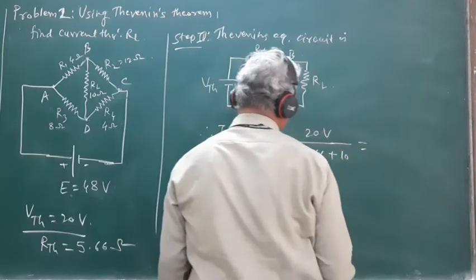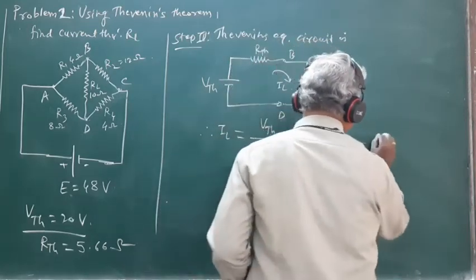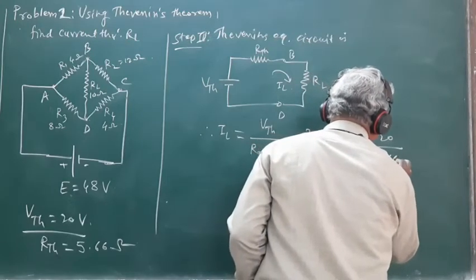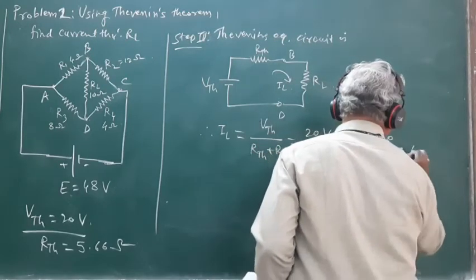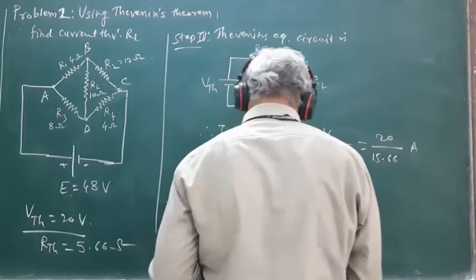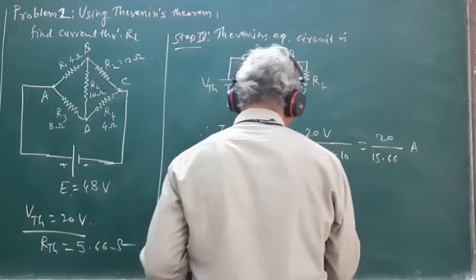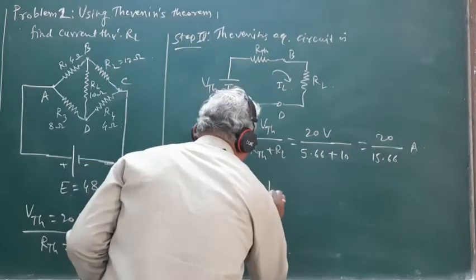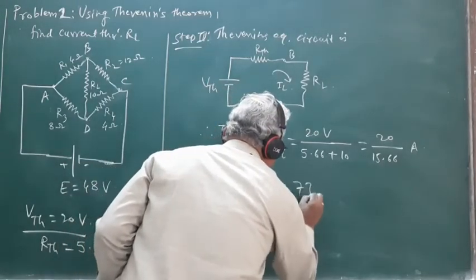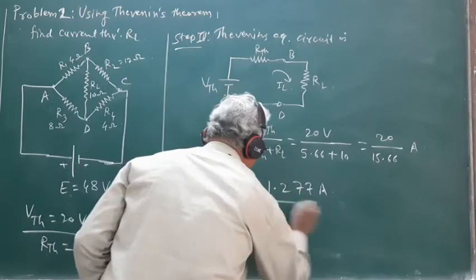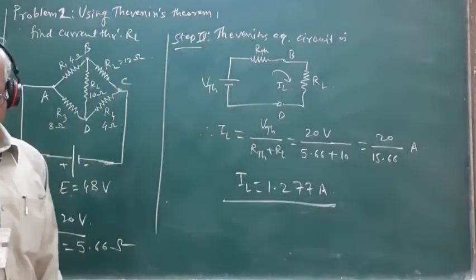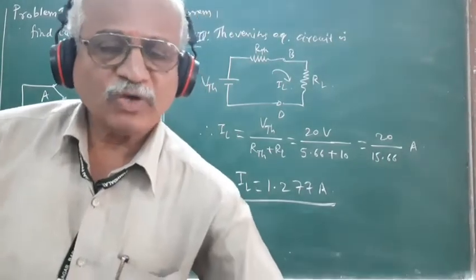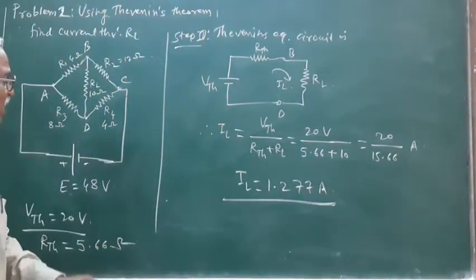So this is equal to 20 divided by 15.66, which is nothing but equal to 1.277. So the current through this load resistance will work out equal to 1.277 ampere.